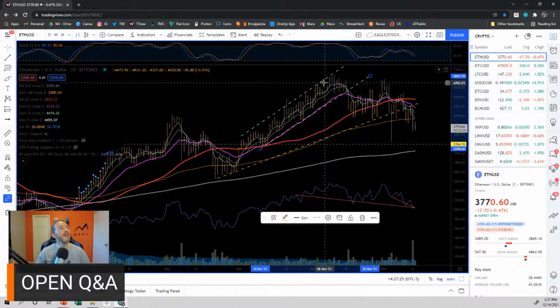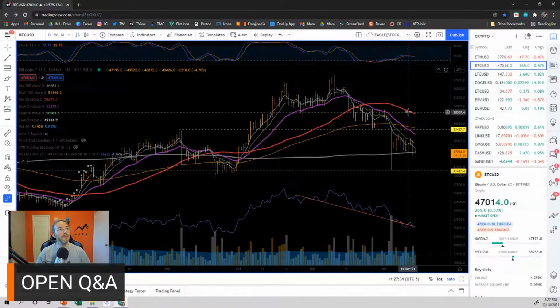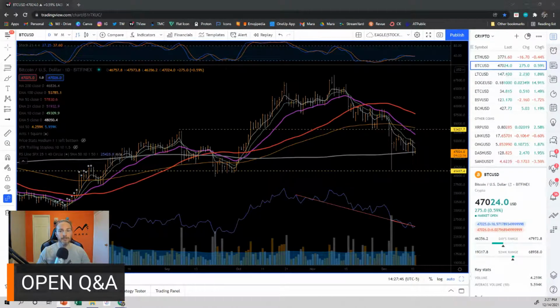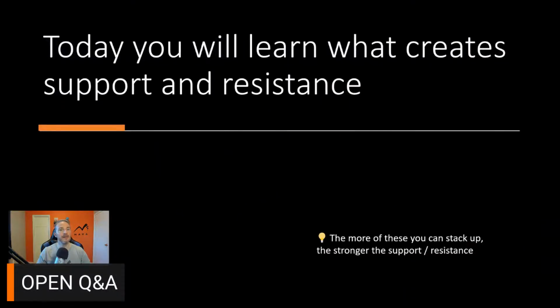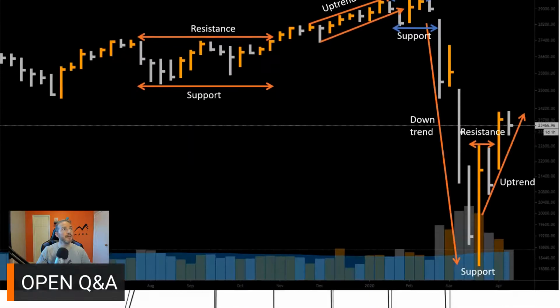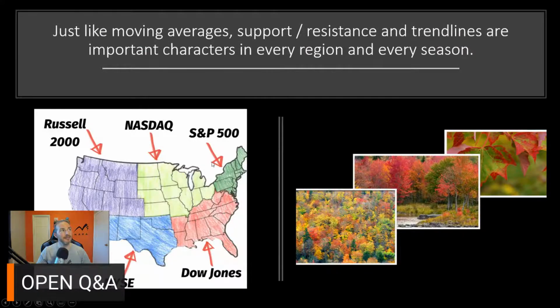It would be one thing if all the other cryptos were doing well, but you have Bitcoin at the same time breaking down, trading well below its 50. At that time, Ethereum was really the only one holding on. Just like how we were talking a moment ago about your major indices, let me get that slide back up toward the end here, where you have all the major indices affecting one another.